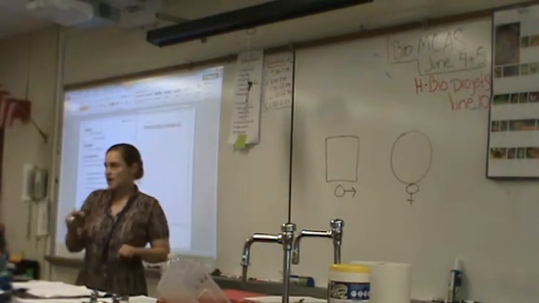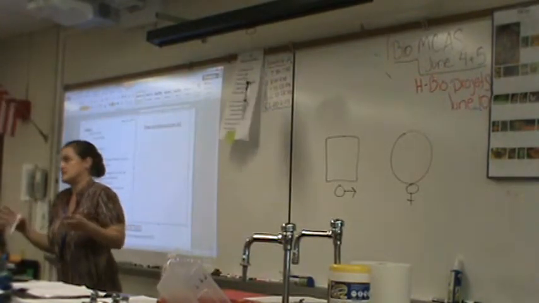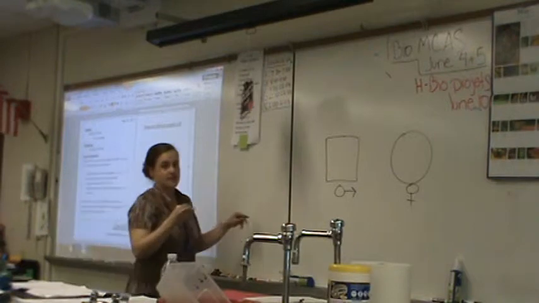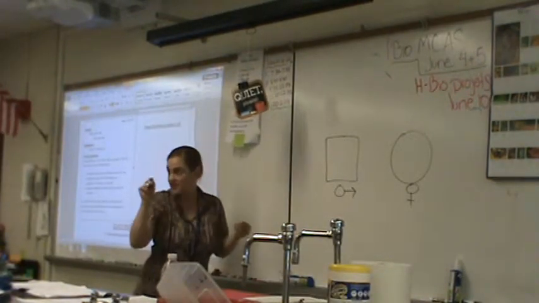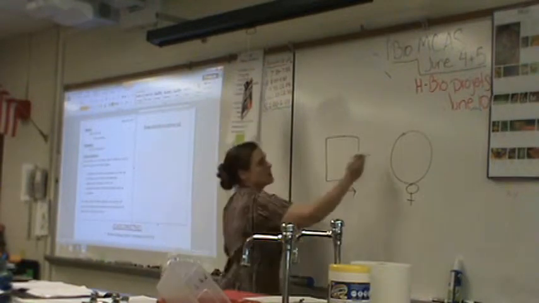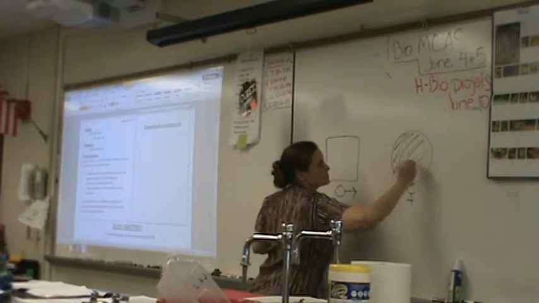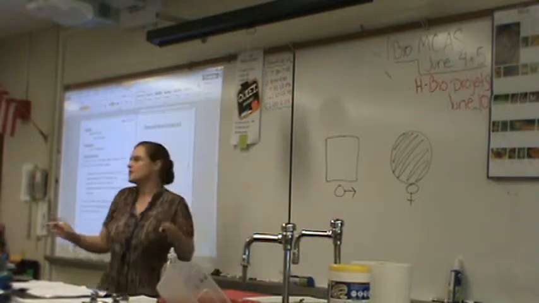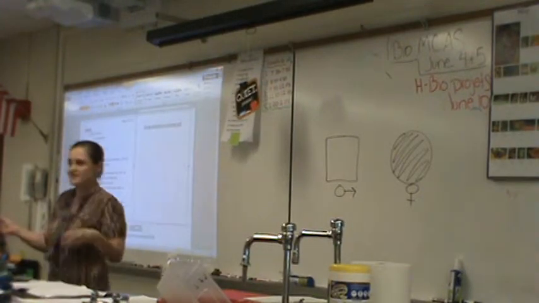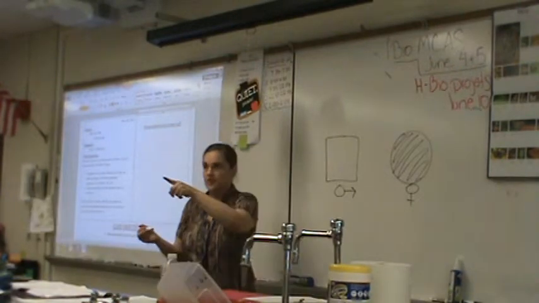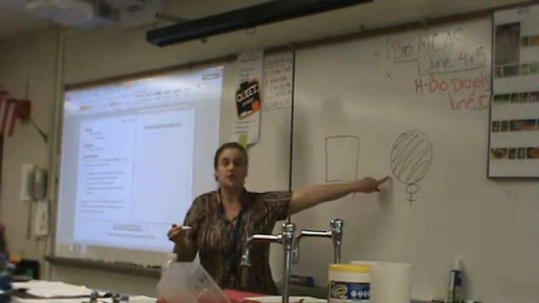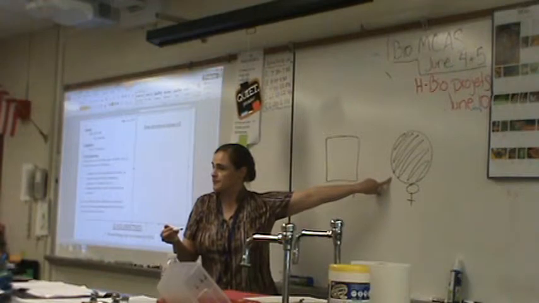Pedigrees show the disease that's being studied as being shaded in. So if you have the disease, the phenotypic disease, you'd be shaded in. It doesn't have to be a disease either, it could be blue eyes, okay? If I said I'm studying blue eyes, if you have blue eyes and you're a girl, that's what you're going to look like on a pedigree.